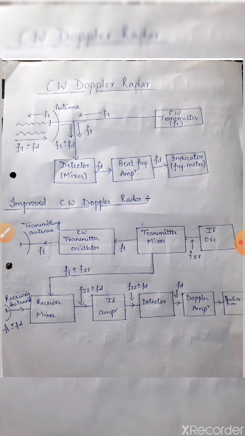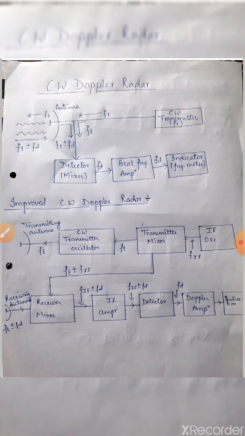As you all are seeing on your screen, the CW Doppler radar block diagram is there. In the upper diagram, it is divided into two parts. The upper one is the transmission part and the lower one is the receiving part.